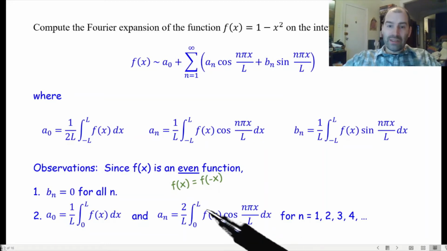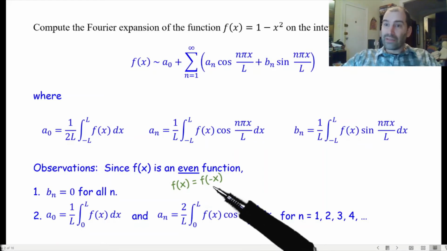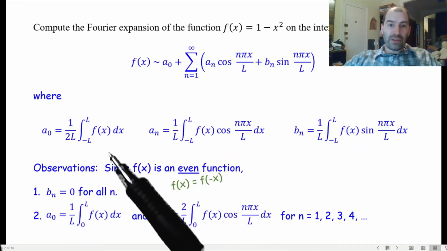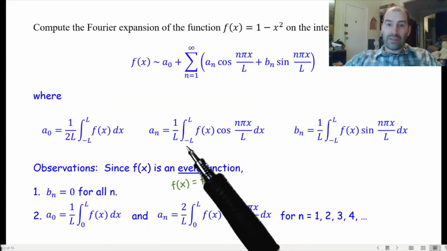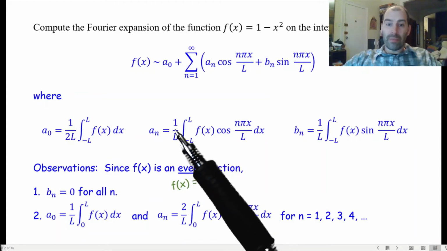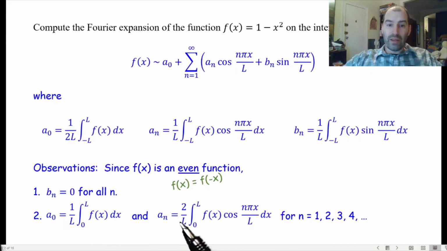And that's because to the left of 0, it's the same as what it looks like to the right of 0. So you just do 1/2 and multiply it by 2. So that's what I did. I just took these integrals here, and instead of integrating from minus L to L, I integrated from 0 to L and then doubled them. And so that's another way to express the a's in this particular case where we have an even function. And that'll make those integrals a little bit easier to do.